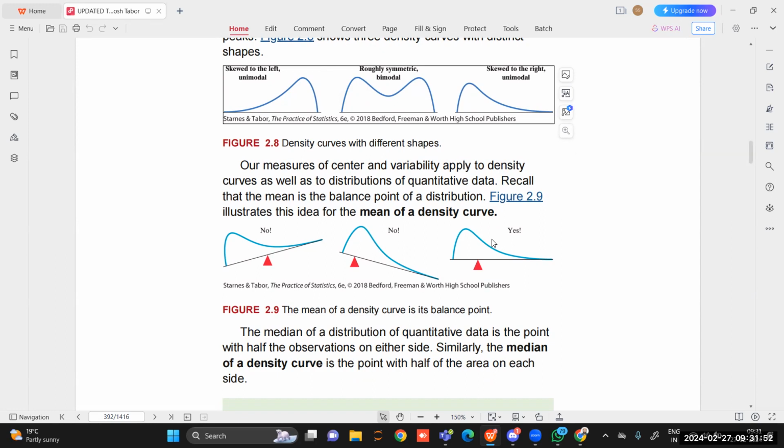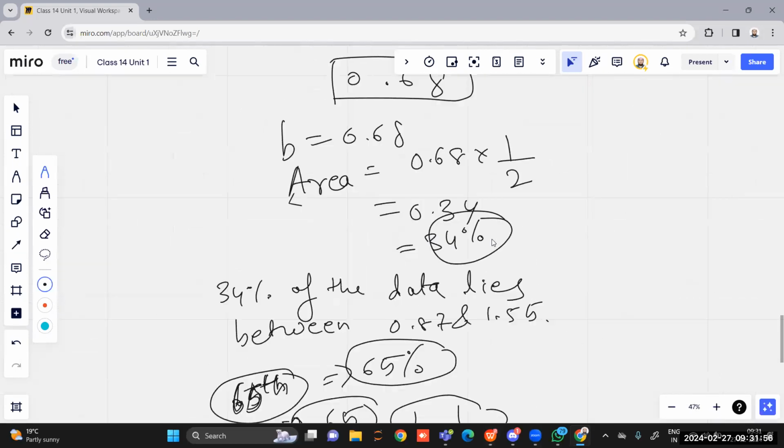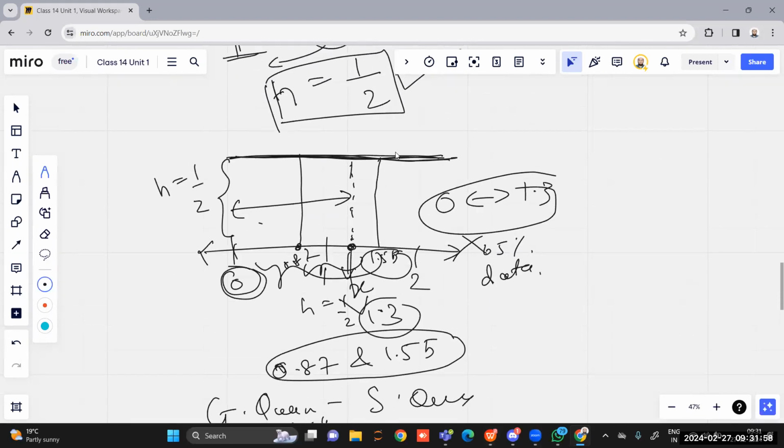One more thing: the density curve that we had drawn here, which type was it, unimodal or bimodal?